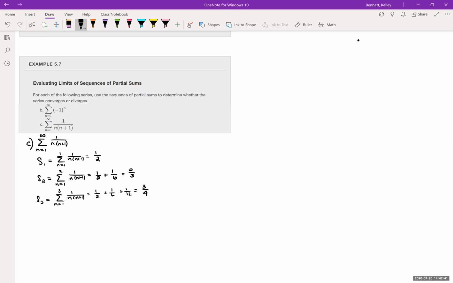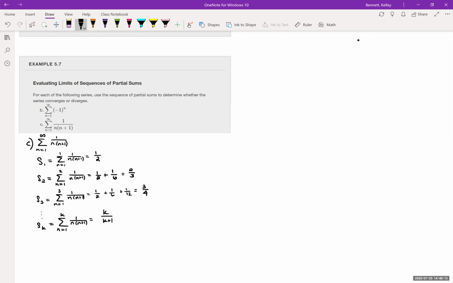You could do this for as many as you need to determine the structure of the partial sum. But I've already worked this example, and I'm already noticing that this has a nice little form. Namely, it's just k over k plus 1.